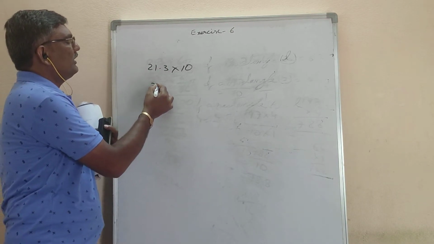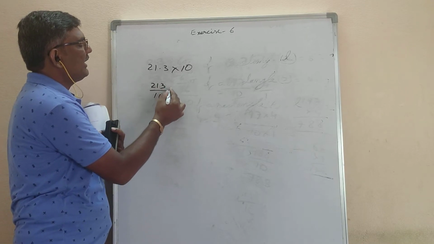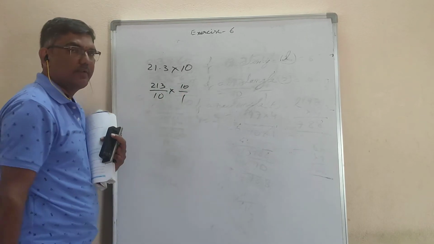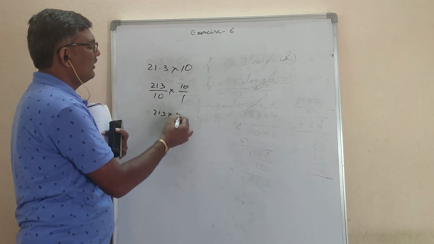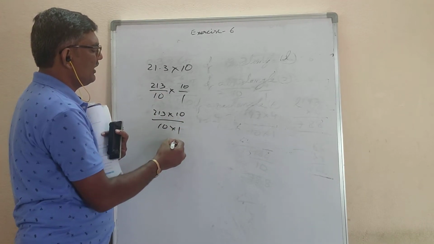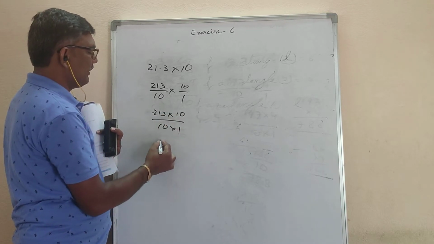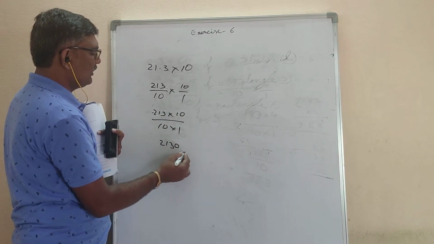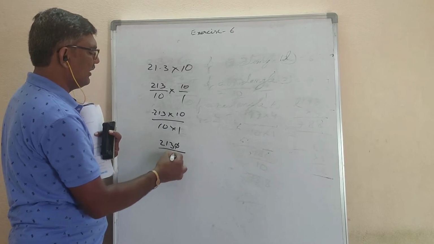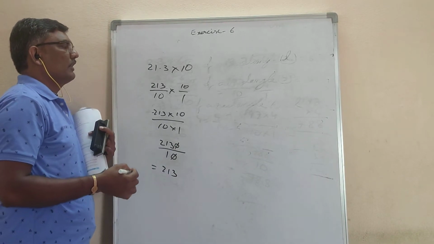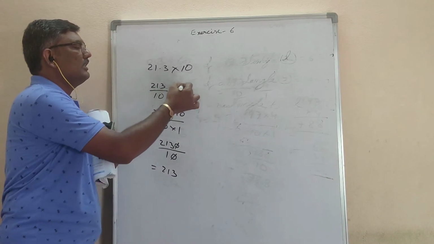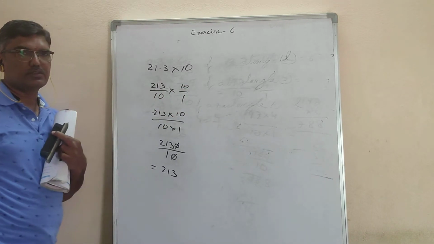So you can write 21.3 as 213 by 10 into 10 by 1. If you multiply numerator into numerator, denominator into denominator, 213 multiplied with 10 is 2130 by 10. The 0s cancel. The answer is 213. Here you can also cancel this 10 and this 10 and write 213.